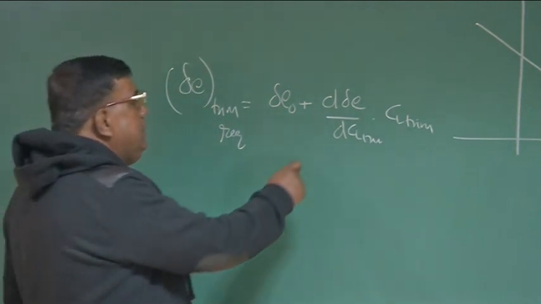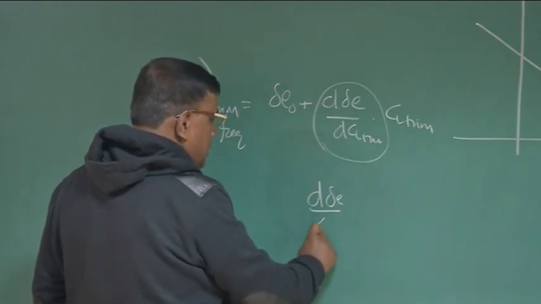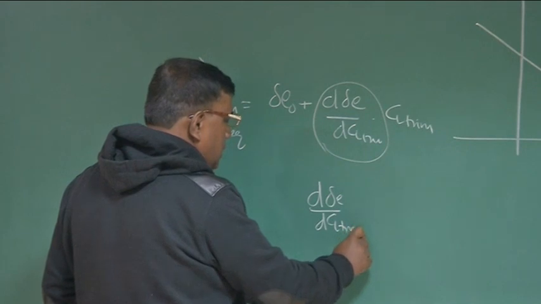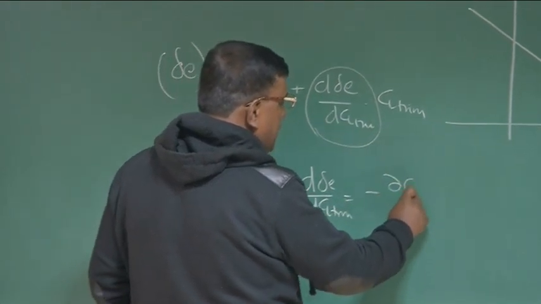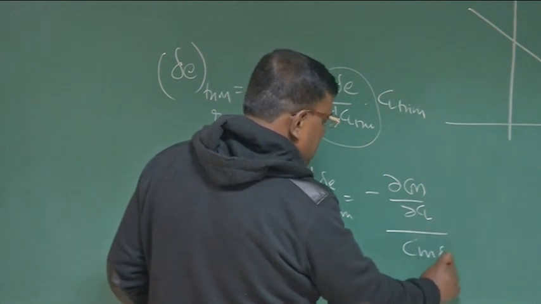And if I carefully see d delta E by dCl trim, this is nothing but minus dCm by dCl by Cm delta E, approximately.